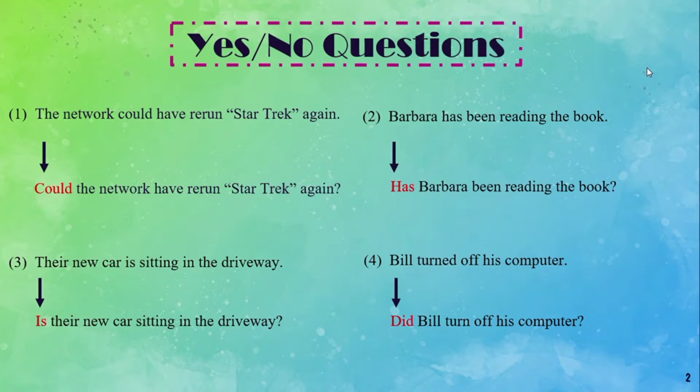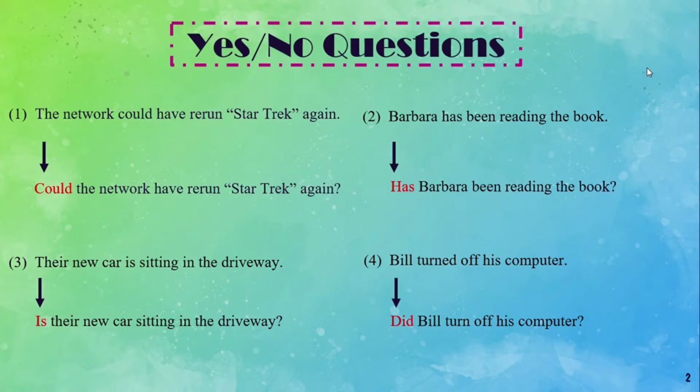Now, I want you to analyze these following sentences first. Alright, these are examples of statements with parallel yes or no questions. Example number 1. The network could have rerun Star Trek again.